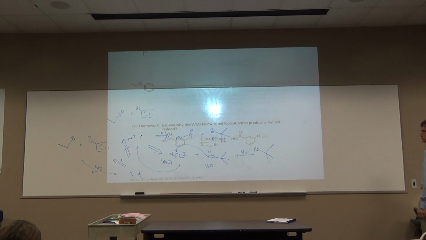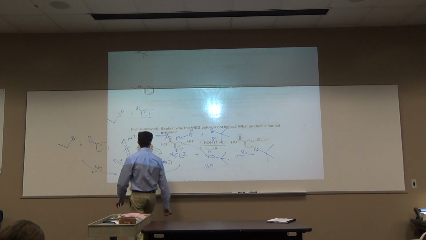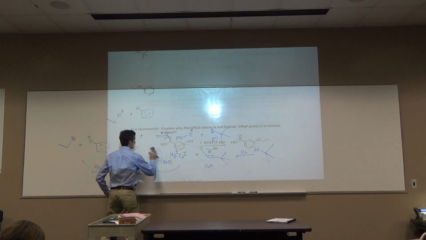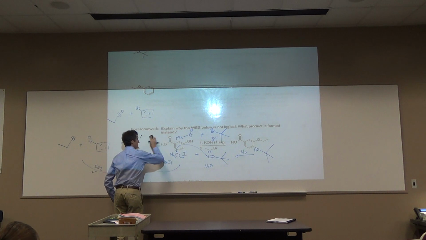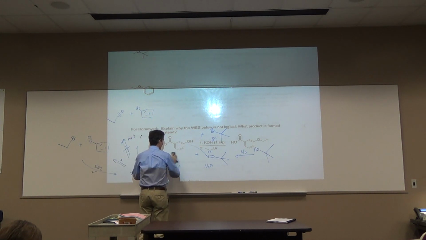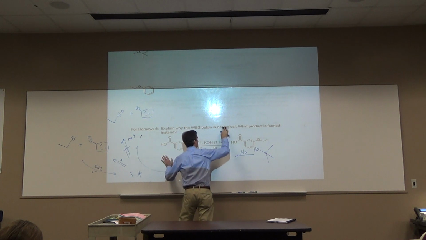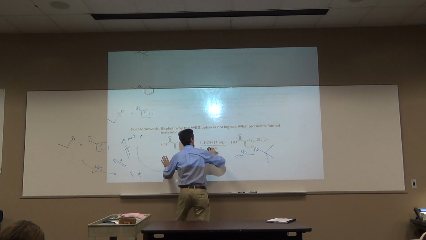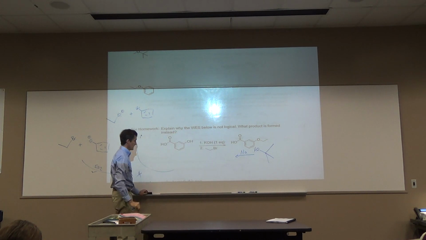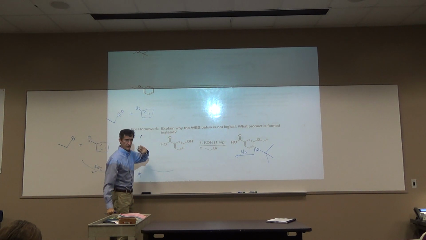Down here, what's going to be formed instead in this reaction? Not this product. Somebody have the product that's going to be formed down here? Well, KOH is a base. It's going to remove the most acidic proton. Everybody agree? What's the most acidic proton in this molecule?